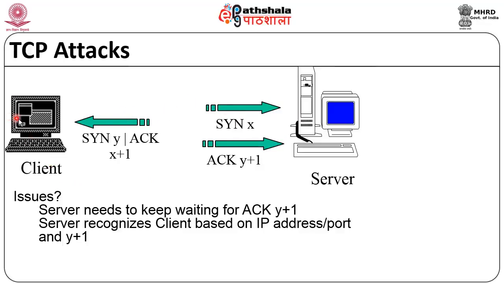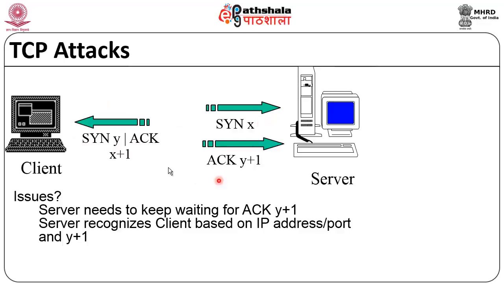Usually the three-way handshake means the client first requests the service with a SYN packet X. Then the server replies back with Y plus the acknowledgment X plus 1 to indicate that it received the SYN, and then the client replies back with ACK Y plus 1 to indicate that it received the SYN Y from the server.